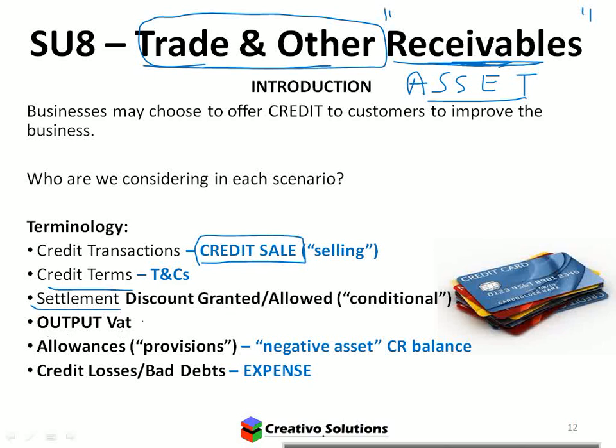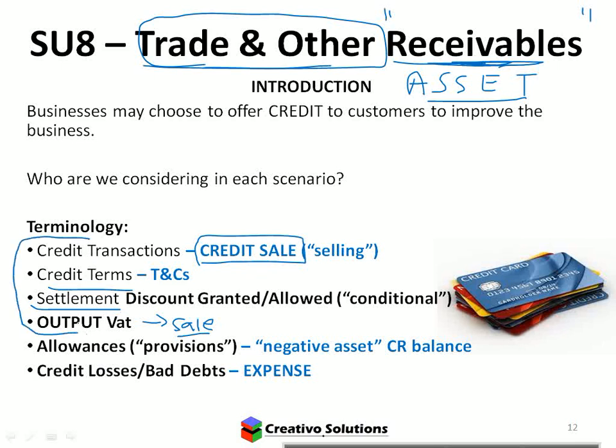Why? That's on the sale. We just recapped it. And then there are allowances for credit loss and bad debt. Those two you might not need to worry about. We just need to see what level they're testing in your past papers. They've asked it before. I don't know if they're still going to ask it. They can. So it's there, but the first four are probably more important.